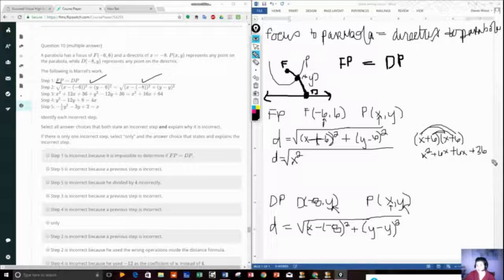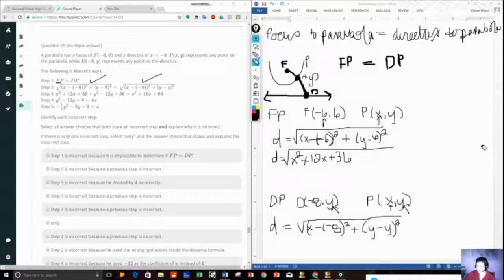So then we're going to combine like terms. 6x plus 6x gives us a total of 12x. So x squared plus 12x plus 36. Alright, let's check so far. So we have an x squared plus 12x plus 36. So far, so good. So now we have to distribute the other one, and I'm going to erase right here so I can show my work again.